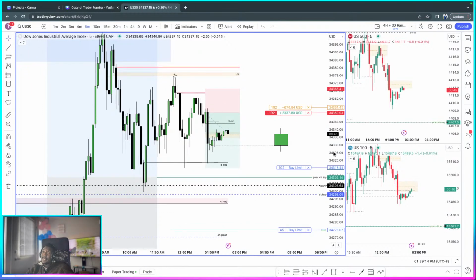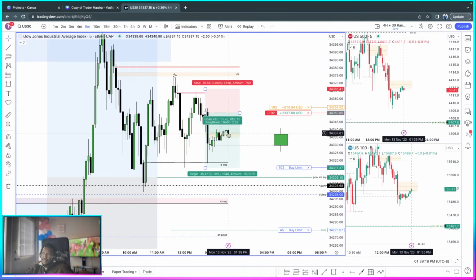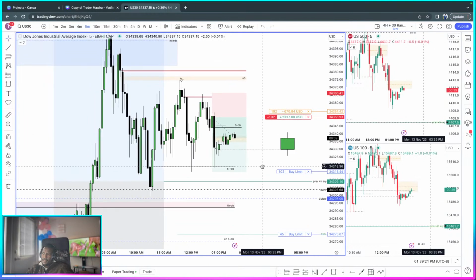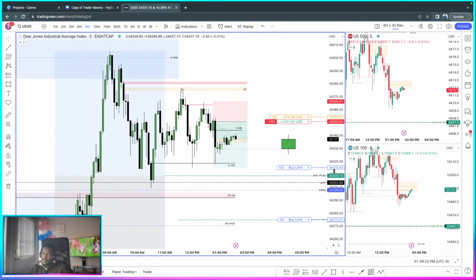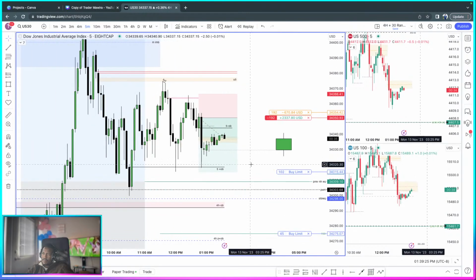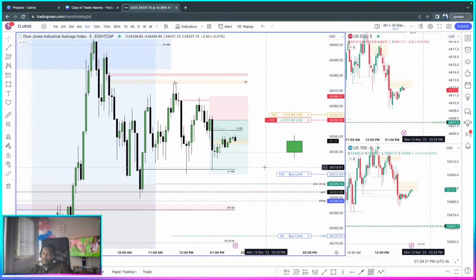Even though time is up, volatility has gone down, I still do think there's probability of going down further. To the novice.